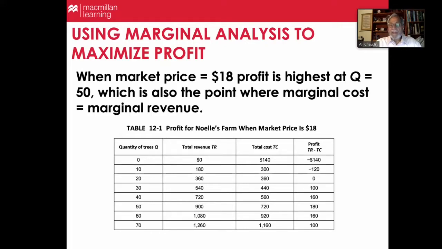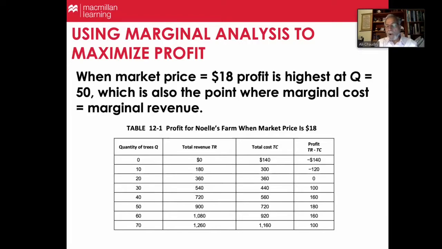We recognize the market price is $18 per tree, and therefore the total revenue shown in the second column is $180 when the output level is 10, all the way up to 70 trees being produced, and the total revenue this farmer would earn would be $1,260.